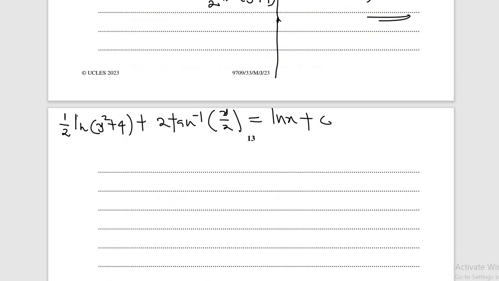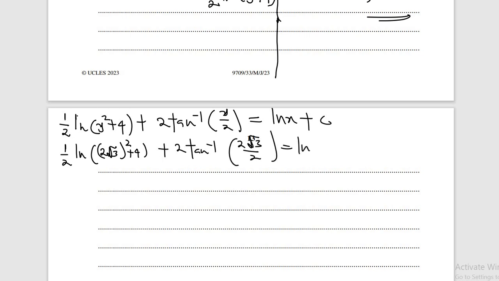When x is 4, y is 2√3: 1/2 ln((2√3)² + 4) plus 2 arctan(2√3/2) equal to ln 4 plus c. So from here, I think we can get our answer.